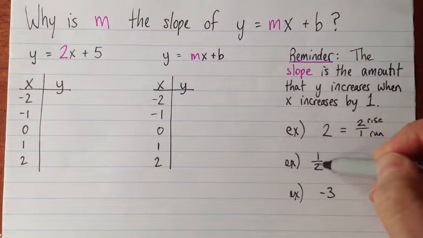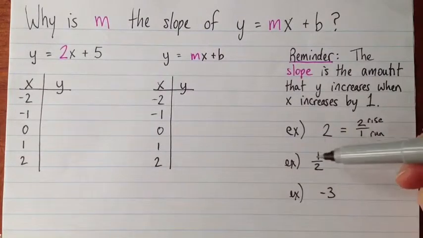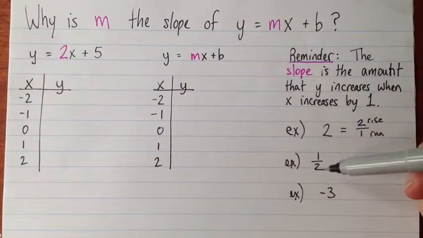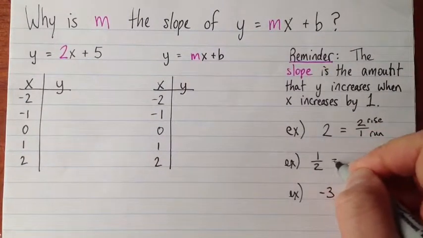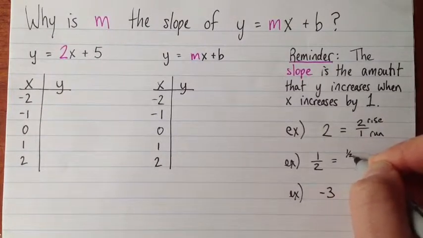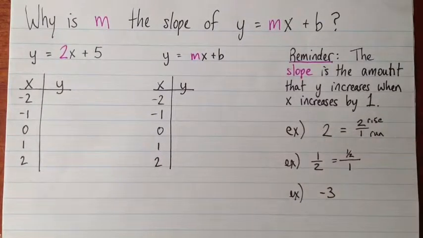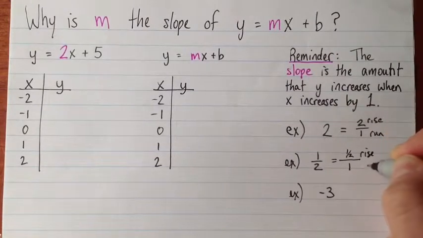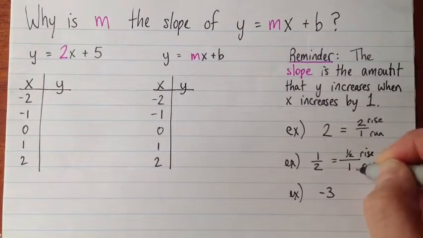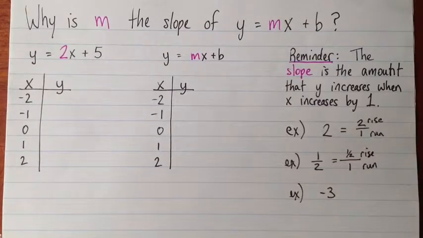Now what if you have a slope of 1/2? One way of explaining that is that y increases by 1 when x increases by 2. But for the sake of this lesson, another way of thinking of it is that it's a half over 1. So the rise is a half when the x value goes up by 1.